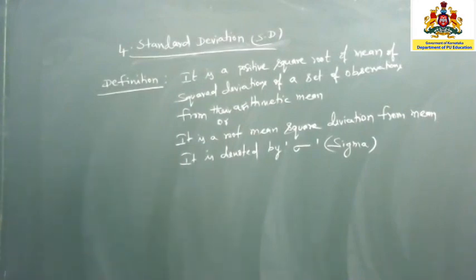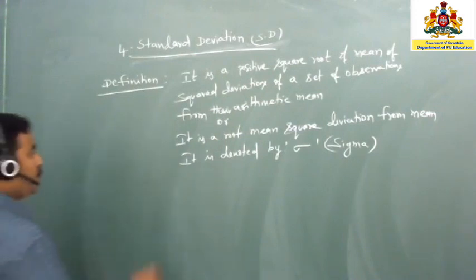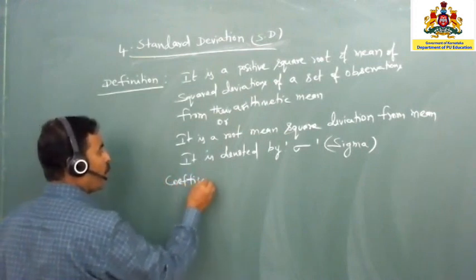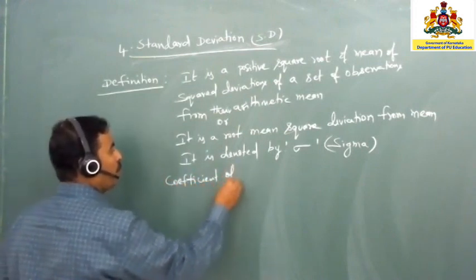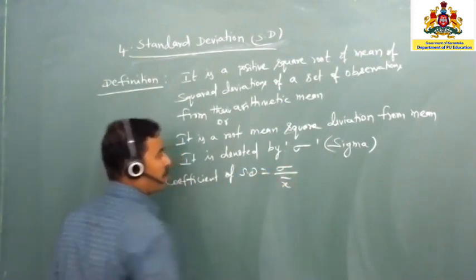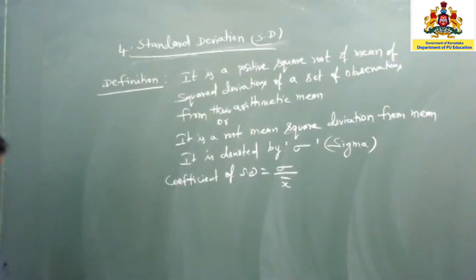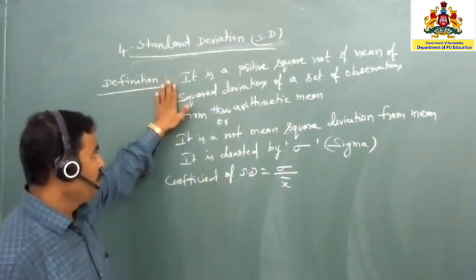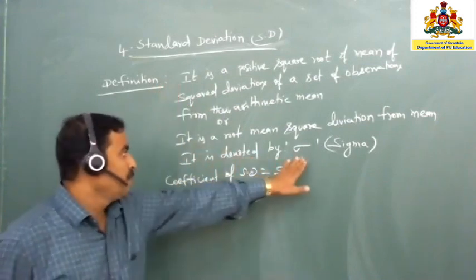The relative measure of root mean square deviation from mean is the coefficient of standard deviation. Coefficient of standard deviation is sigma by x bar. So it is a better measure than the remaining three measures. I'll explain later. Now, this is the definition, denoted by sigma.